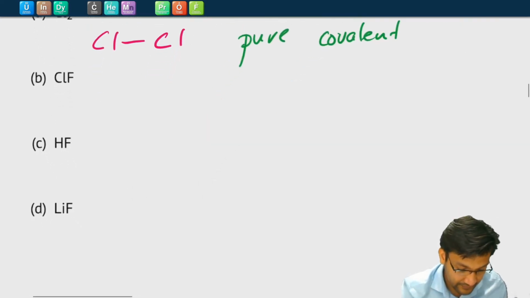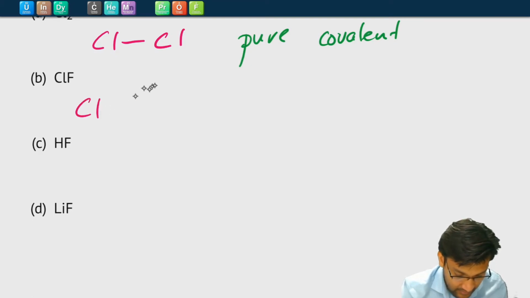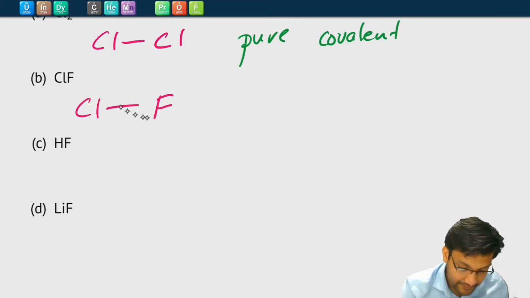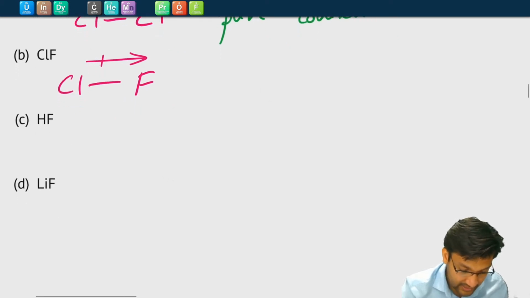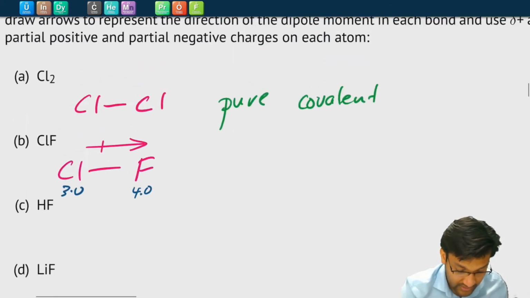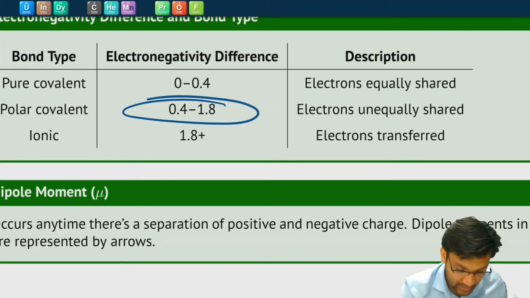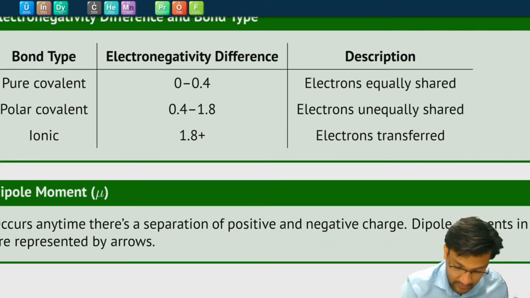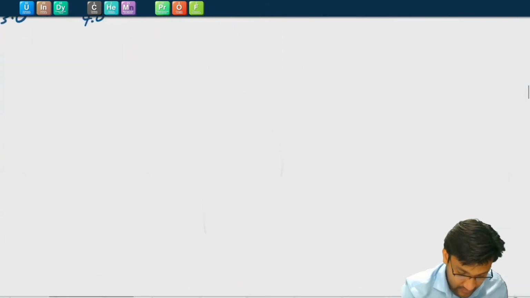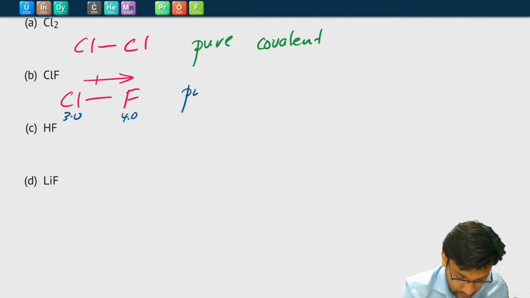Let's look at ClF. This is one that we already looked at. Cl bonded to F. F pulls on electrons a tiny bit more. That's because F has an electronegativity value of 4.0. Chlorine has one of 3.0. So the difference here is 1.0, which falls into the polar covalent range. So this will be polar covalent.